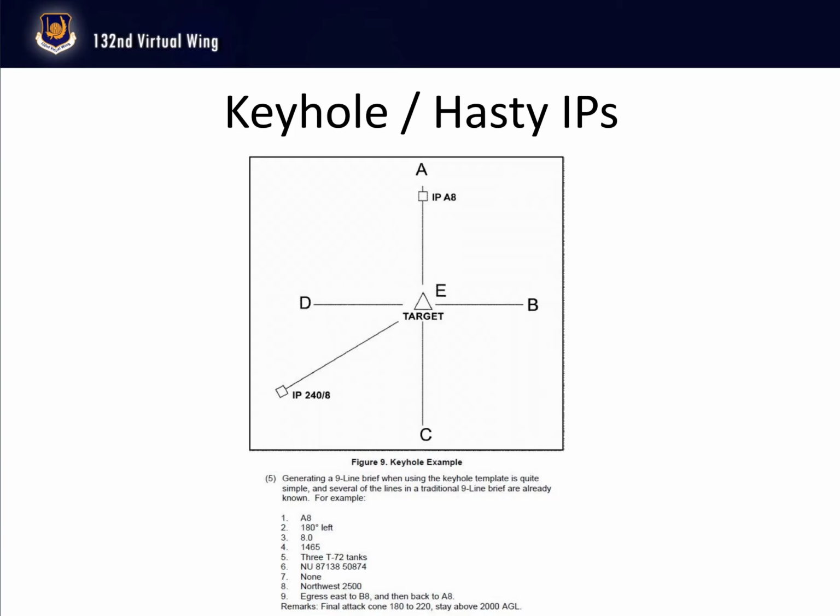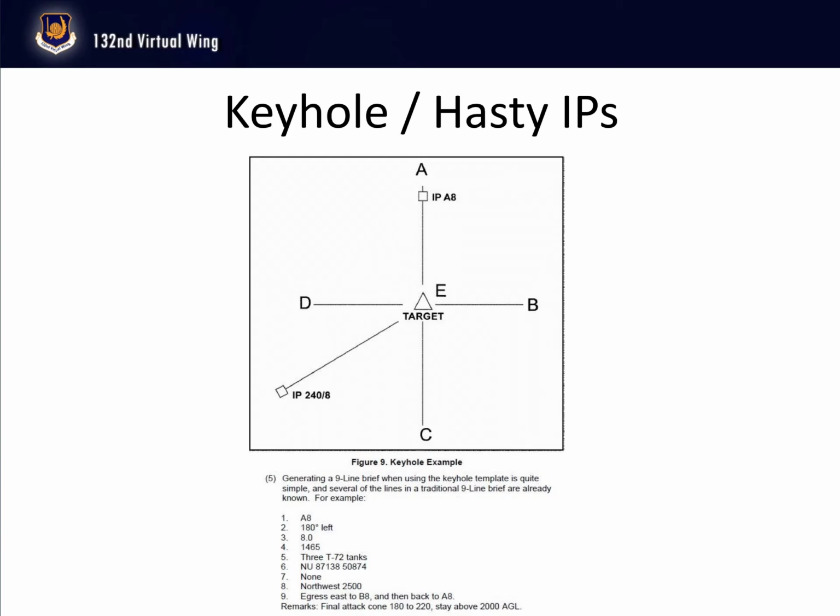It's important because if you come closer, you might get inside the envelope of SAMs or get in the way of other aircraft that are maneuvering in preparation for their attack. Or if we want to keep the enemy by surprise, so we want to keep the aircraft away so they are not seen and not heard, it's also a reason. But it's important not to come closer than the designated position.